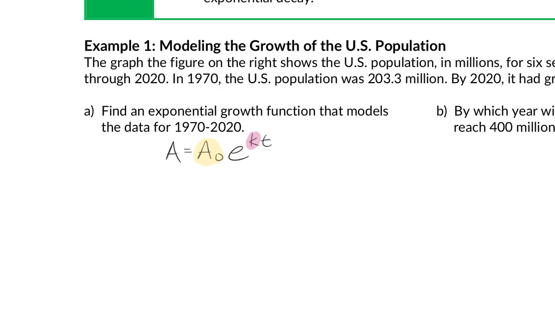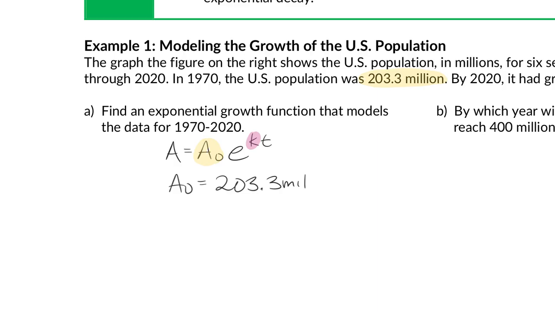We need to know the initial amount when we started the study, and we need to know the growth rate. And then we will be able to plug those in, boom, boom, boom. One of those two things we were given in the problem specifically says in 1970, when we're starting this study, the initial population of the United States when we started studying is 203.3 million. So we know that A sub 0 is 203.3 million.